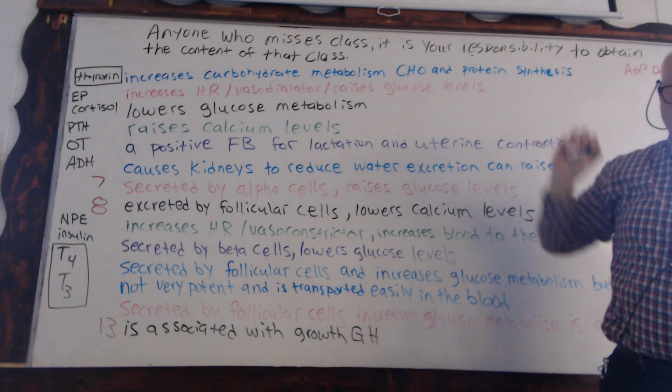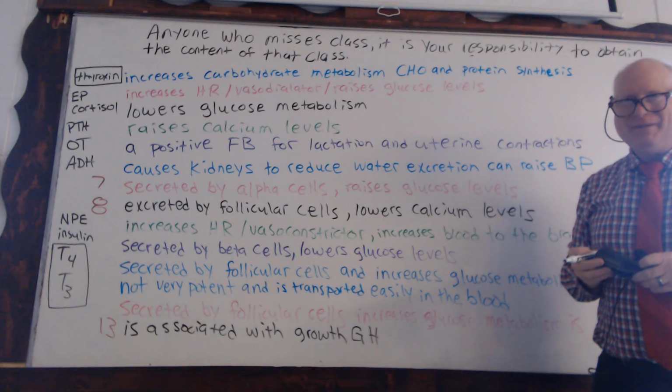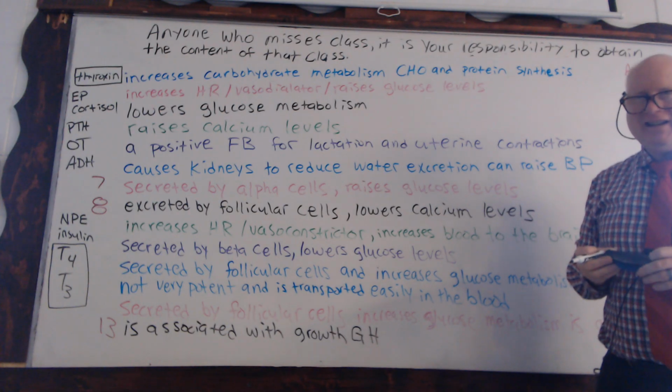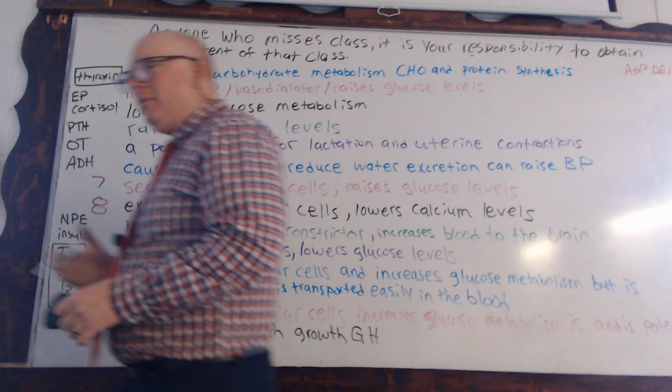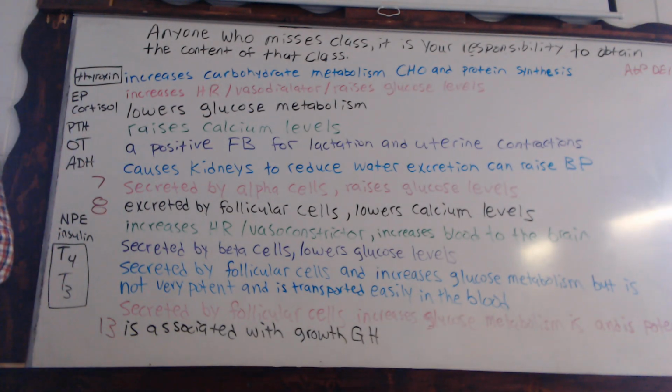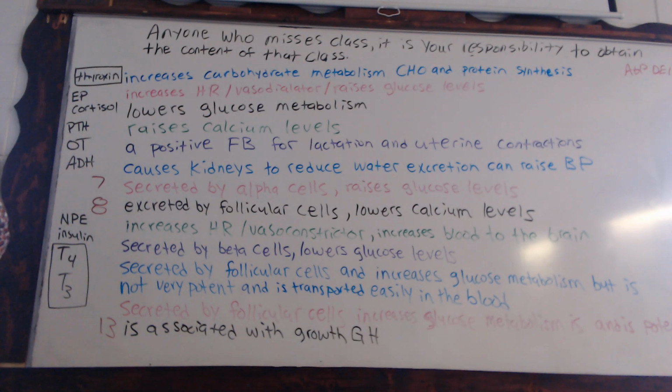So what type of hormone is that? Yes, I said that. Yep, it's a glucocorticoid, but I started to say steroid. I didn't mean to do that, but oh, okay. Well, we're all here to help each other. Okay, where are we going next?